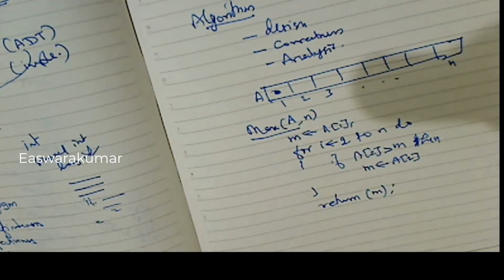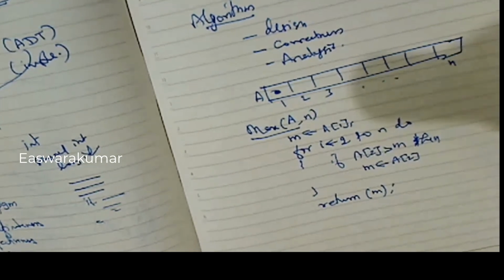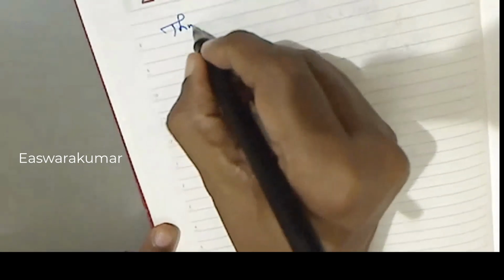Now I have to prove mathematically that this algorithm will always give the maximum among the n elements available in the array. Mathematically, I have to prove it. So I am going to write a theorem.